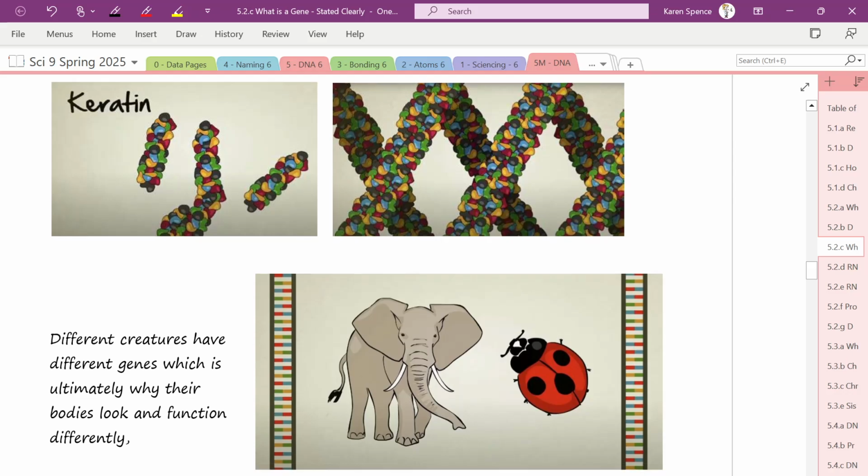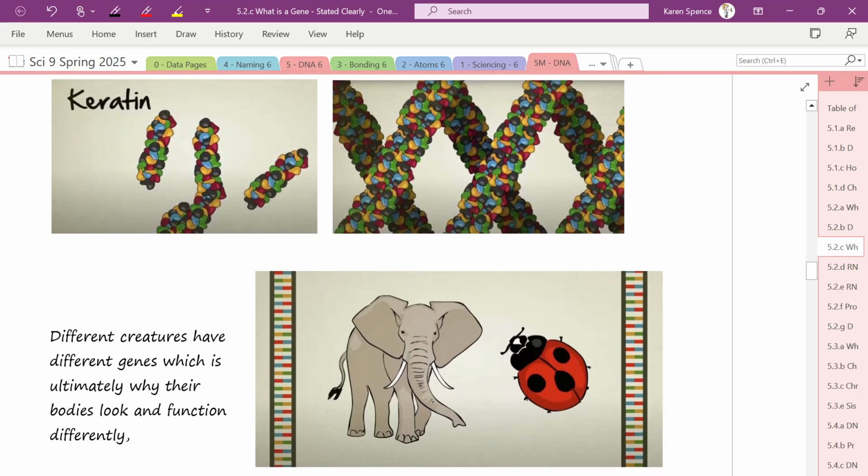Different creatures have different genes, which is why all their bodies look and function differently. But if you think about it, when you eat food, your body turns it into glucose, and glucose is used by your cells to give you energy.